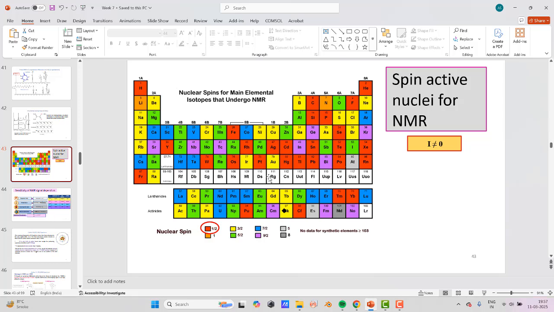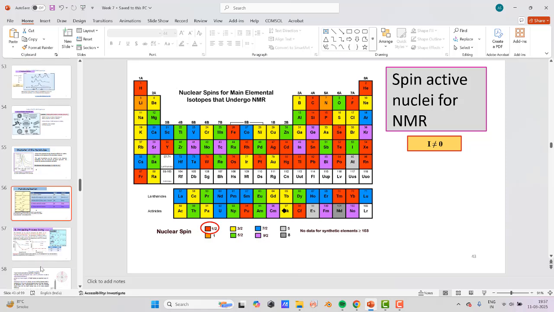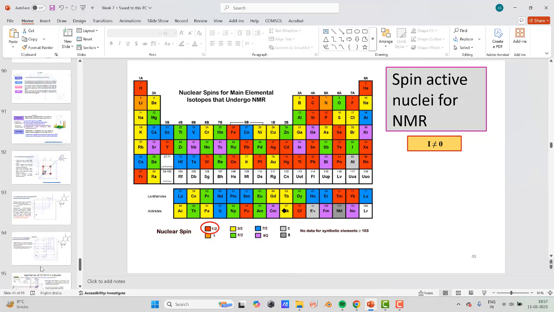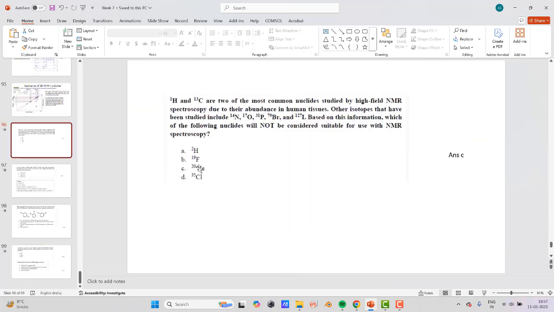So that is neon basically. Neon is having 3 by 2, but the 29Ne is mentioned here. What was that slide? Yeah, 20Ne. This is not active in NMR, so that's why the answer is 20Ne.